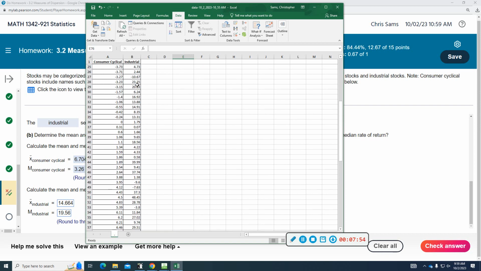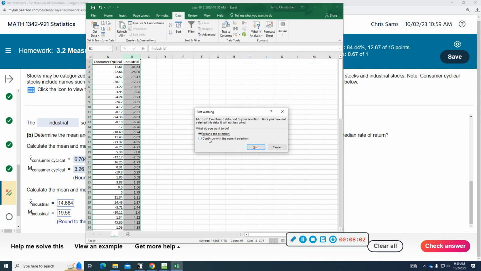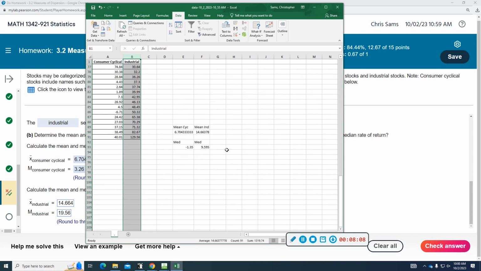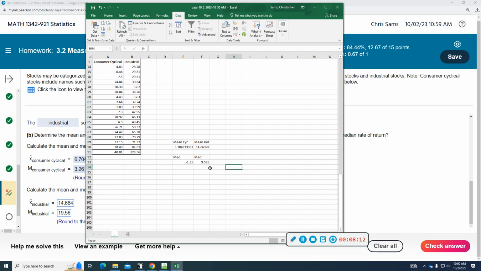Oh, these aren't sorted. Okay. These are not in exact order. This column, I'm going to sort just that section. Okay. That should give me a different, there we go. So when I sorted it, I thought it expanded, but these weren't sorted in order. So actual median 9.595.